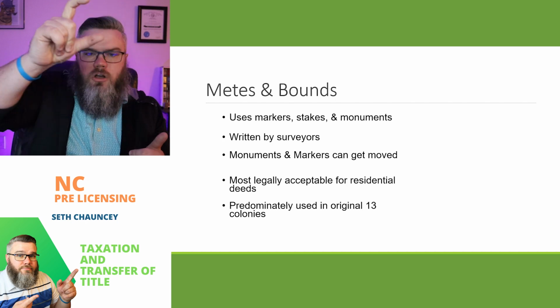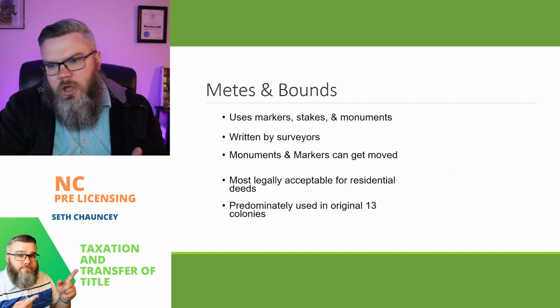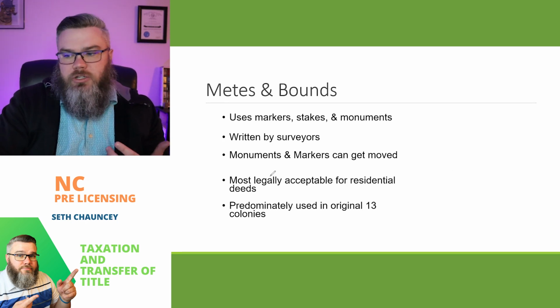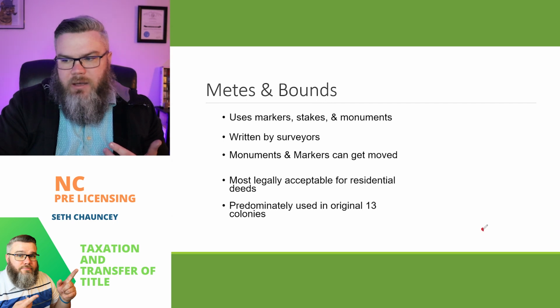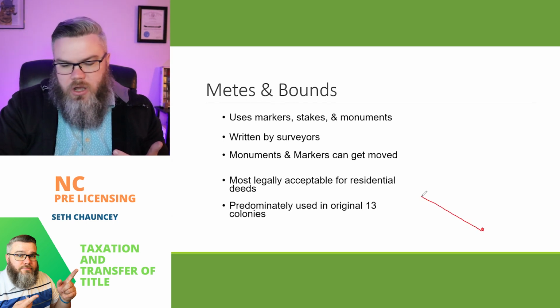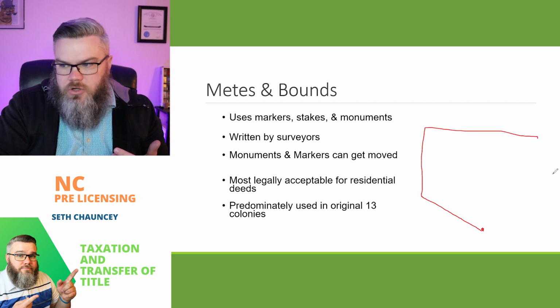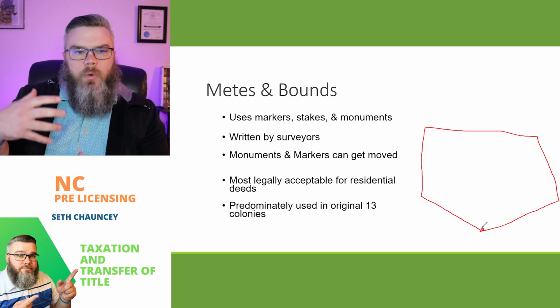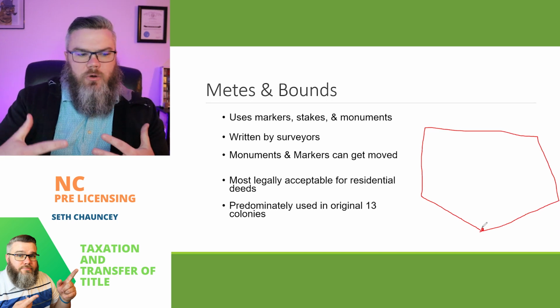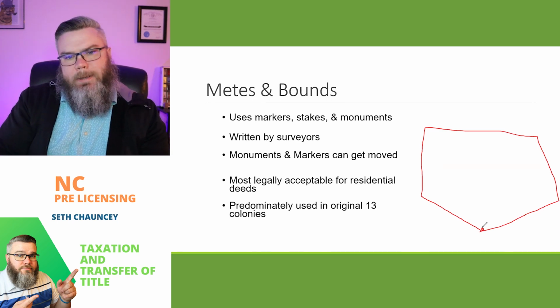Then you would have another call that goes in another direction. When you read this, it's verbiage that identifies that point. It tells you which direction to go, and which direction to go, and then it ends back at the point of beginning. It always starts and ends at the same point. It closes the parcel of land.